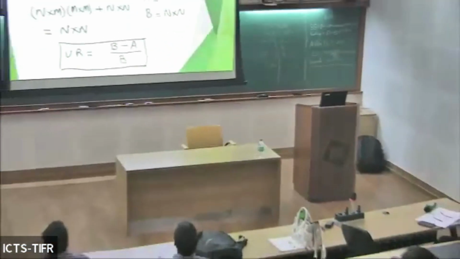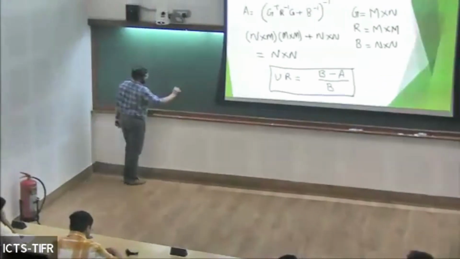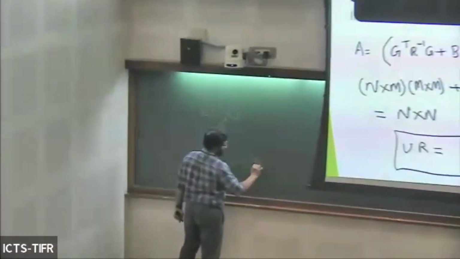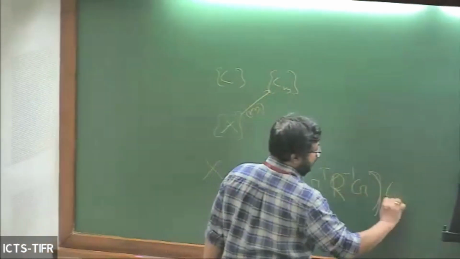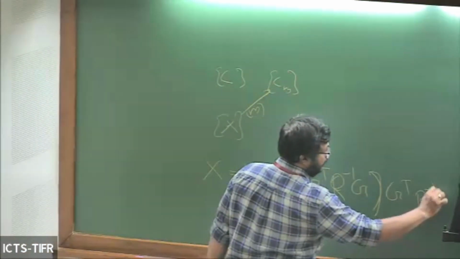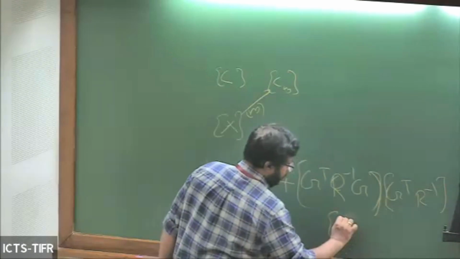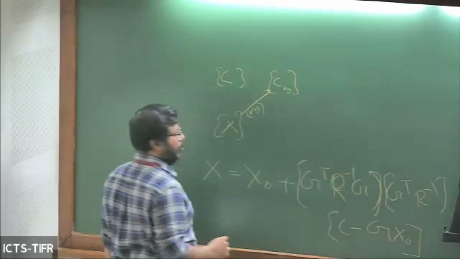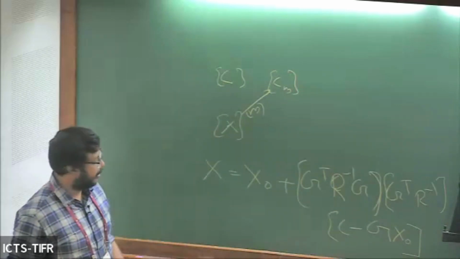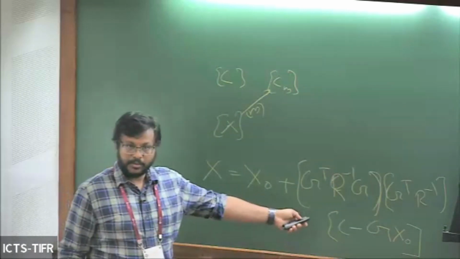What's your optimization? X equals x naught plus G transpose, I use the notation R inverse G, G transpose, R inverse, C minus G x naught. So you have all the vector dimensions available, you can calculate it.